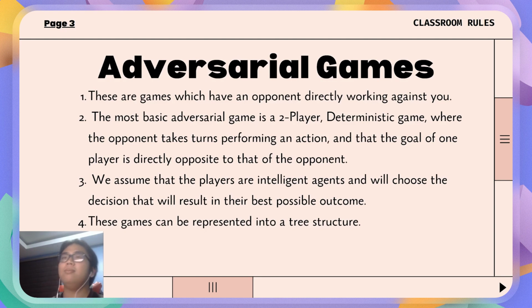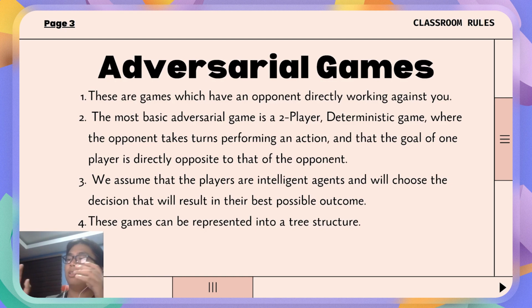So we assume the players in this game are intelligent agents. When you say intelligent agents, they are trying to get the best possible outcome for them. That means they will always choose the decision which will result in their best possible outcome.